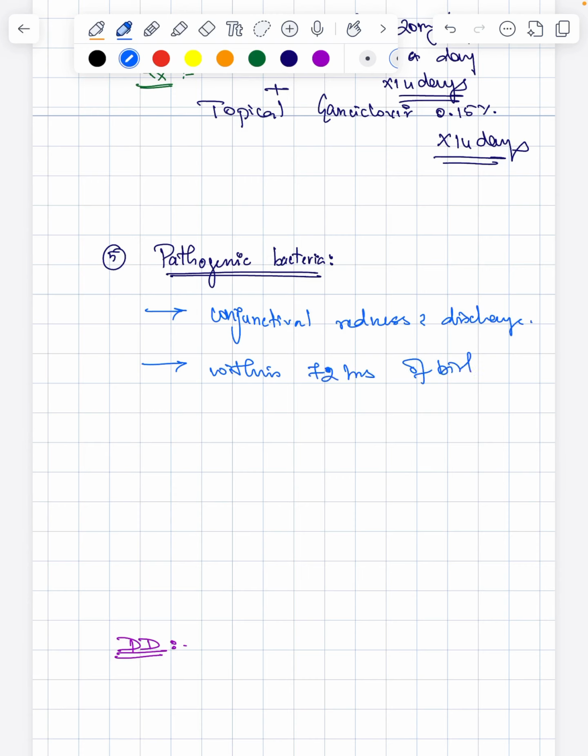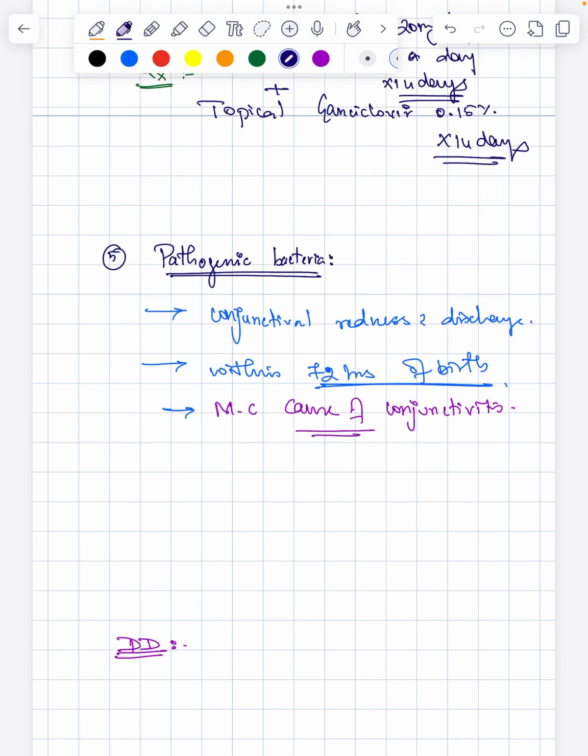Right? Yes. It is the most common cause of conjunctivitis. The most common cause of late onset conjunctivitis is your chlamydia, and these pathogenic bacteria are the most common cause of early conjunctivitis, right?